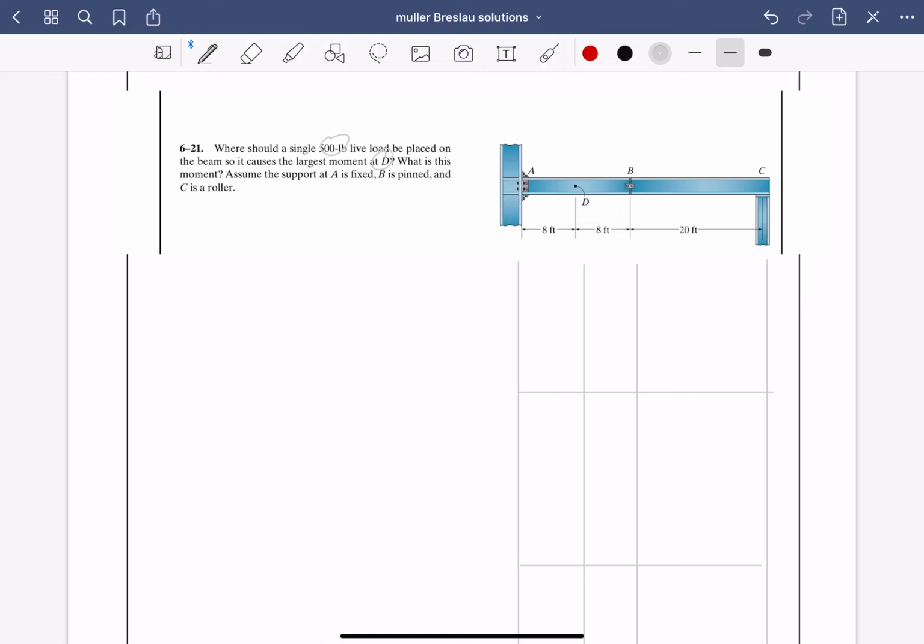Okay, so it's just one question, so this is pretty straightforward. We should be able to do this pretty fast. Largest moment at D. So pretty much what the question is saying is put the sensor there, at D.